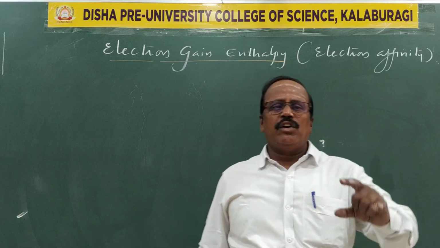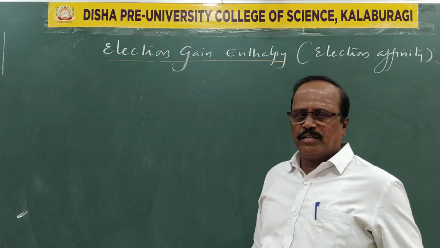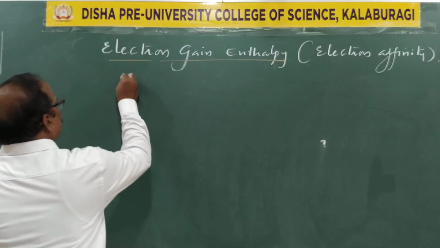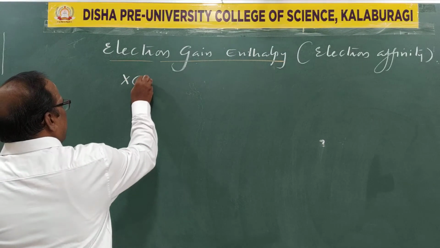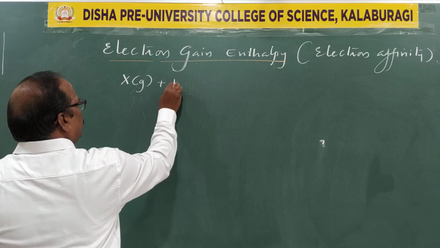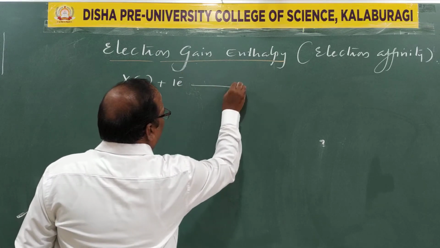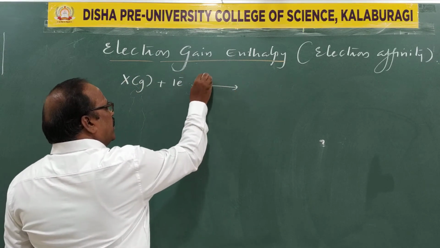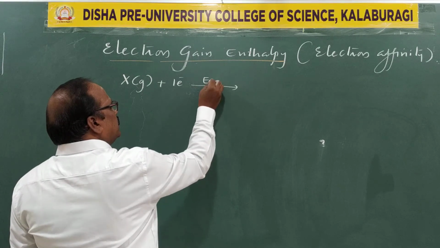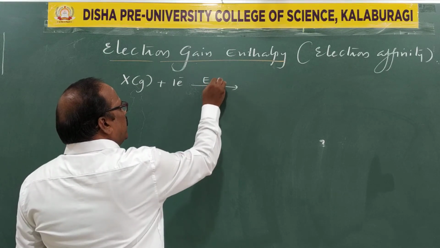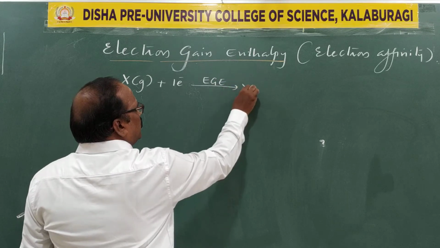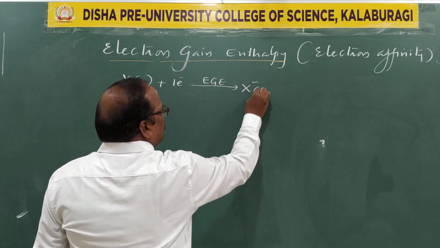electron gain enthalpy. Look at the board. Suppose we imagine X gas is a non-metal atom. We are adding 1 electron. Whatever the energy liberated, we call it electron gain enthalpy. This becomes X minus gas.